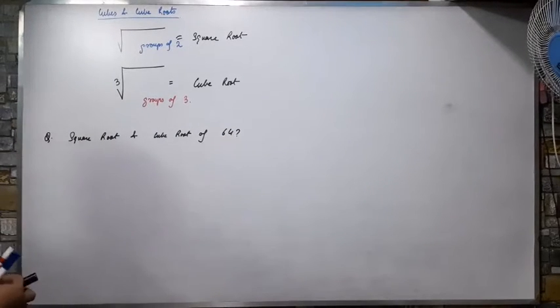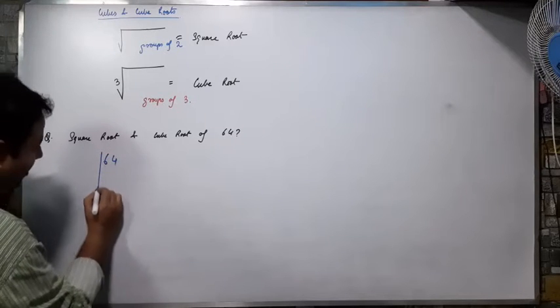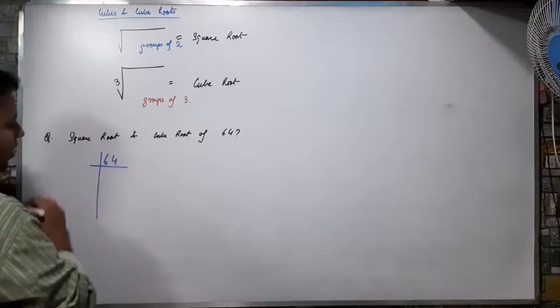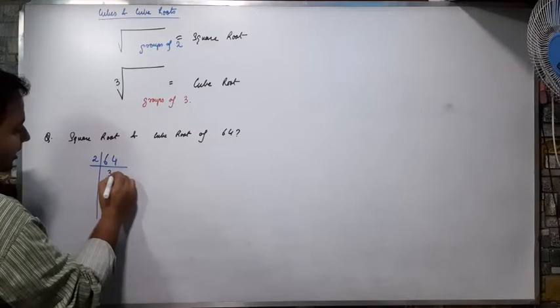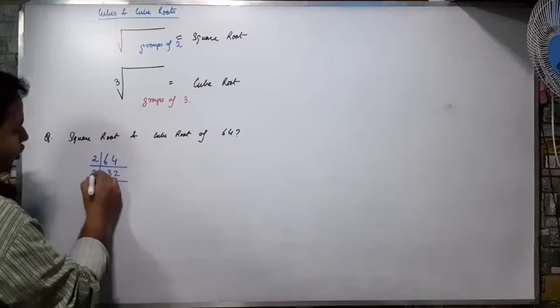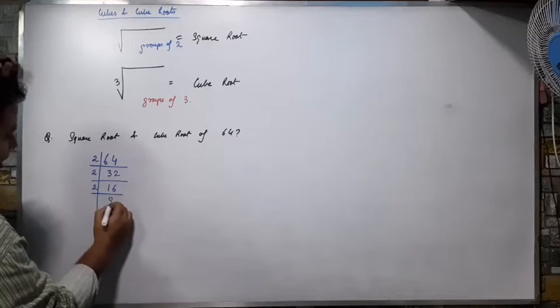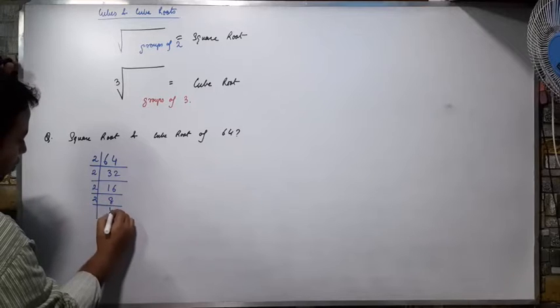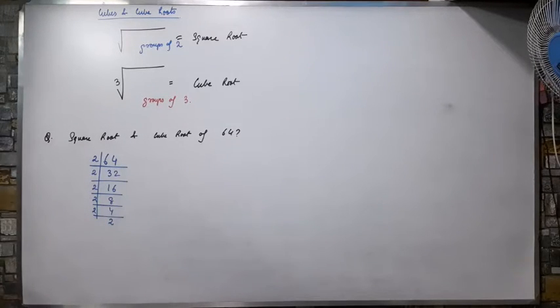I will write 64 and start factorizing it. 2, 32, 2, 16, 2, 8, 2, 4, 2, 2. So these are my factors.